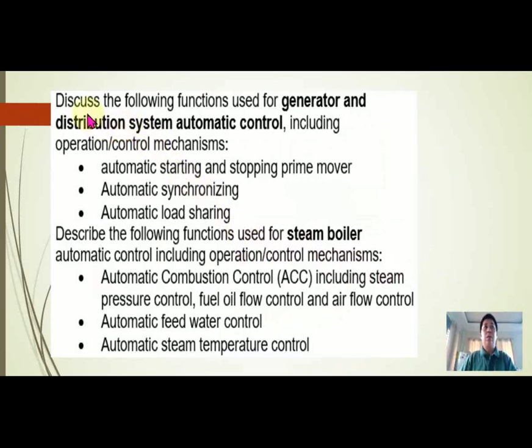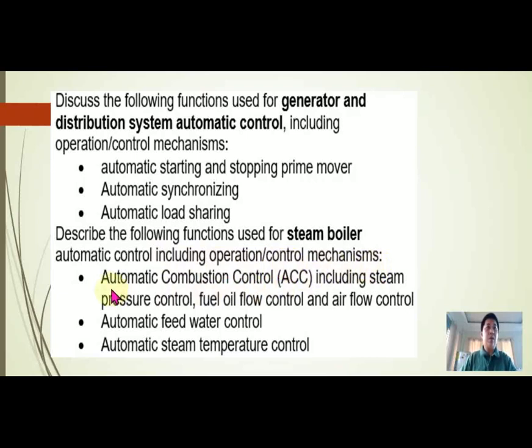We'll discuss the following functions used for generator and distribution system automatic control, including operation control mechanisms, automatic starting and stopping of the prime mover, automatic synchronizing, automatic load sharing, and for the boiler, we will describe the following functions used for steam boiler automatic control, including operation control mechanisms.